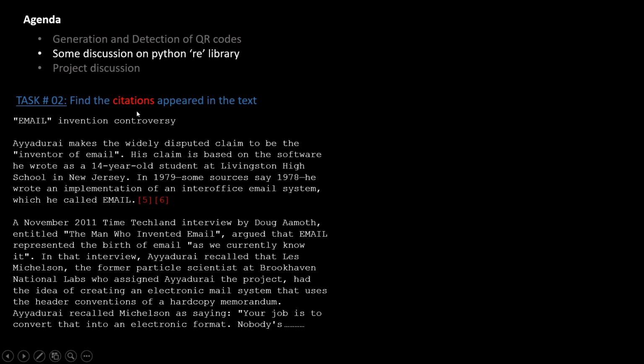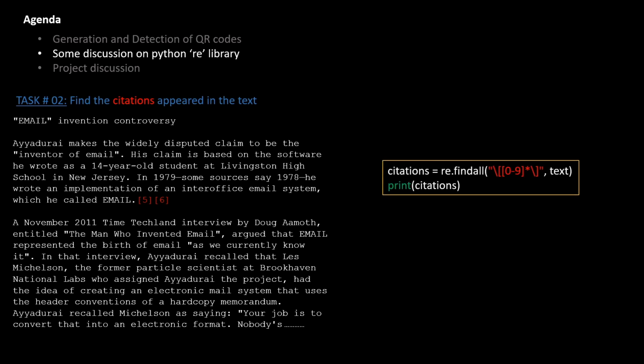Task 2 is finding out the citations that appeared in the text. Whatever digits are present within the square brackets, that we want to extract. And this can also be done very easily using the same findall method, but now the expression has changed.